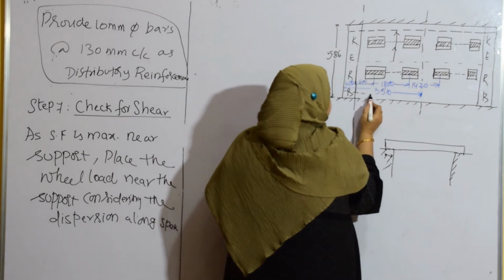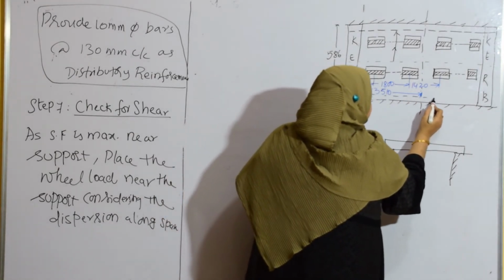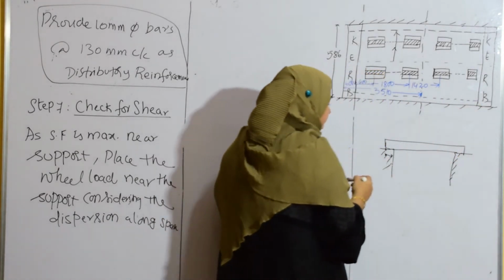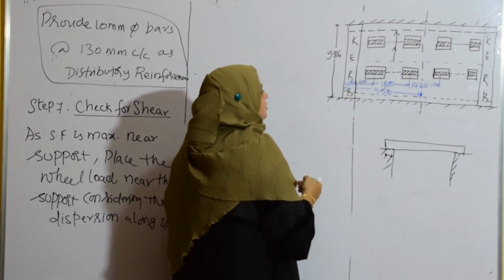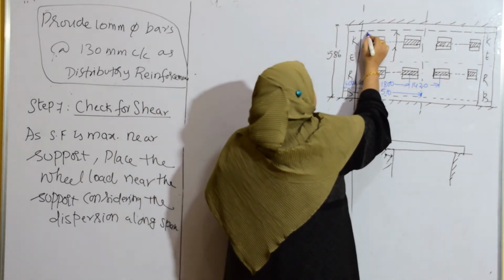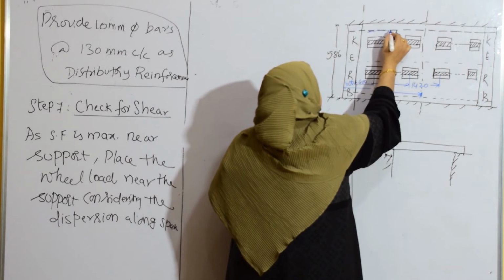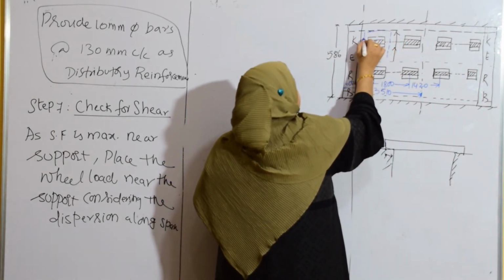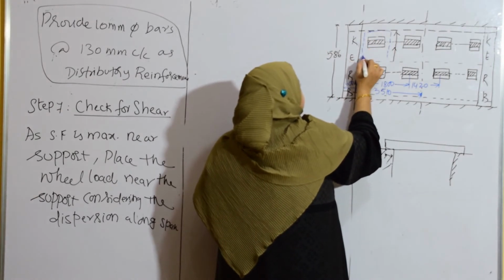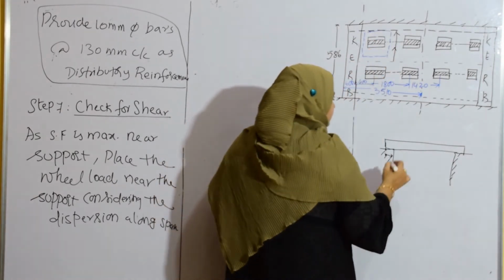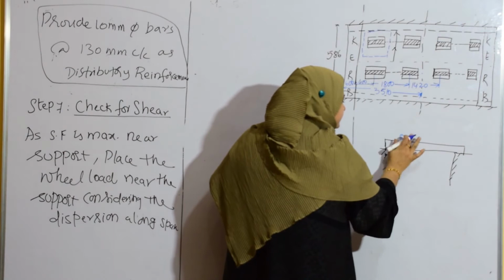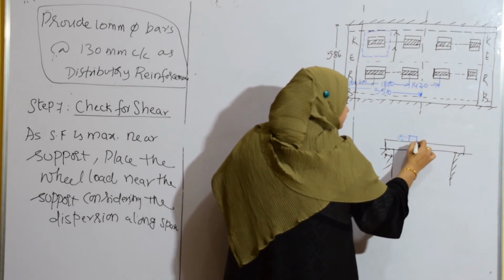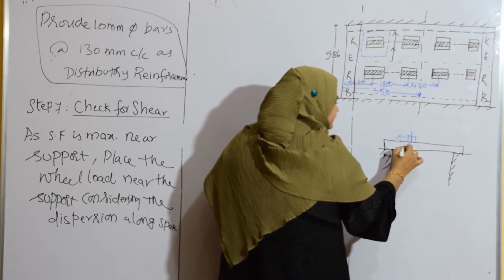Okay, so that I am drawing it here. Here also I am drawing this. Okay, edge. Fine. Now this is going to get dispersed like this. You are placing in such a way that the load is getting dispersed. Okay, now in the cross section you can see this is the load wheel, it's getting dispersed like this, isn't it?